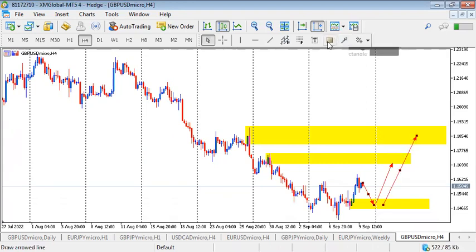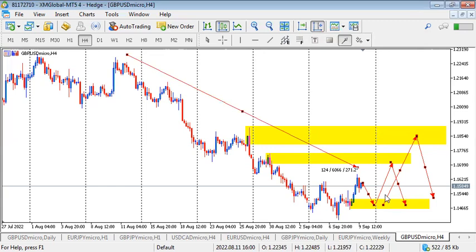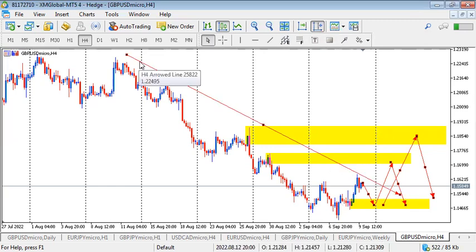And from there, if you see any form of weakness, it's going to drop. Any form of weakness here, it's going to drop. In the general downtrend, remember this is a downtrend. So this is reversal. So those are the scenarios.